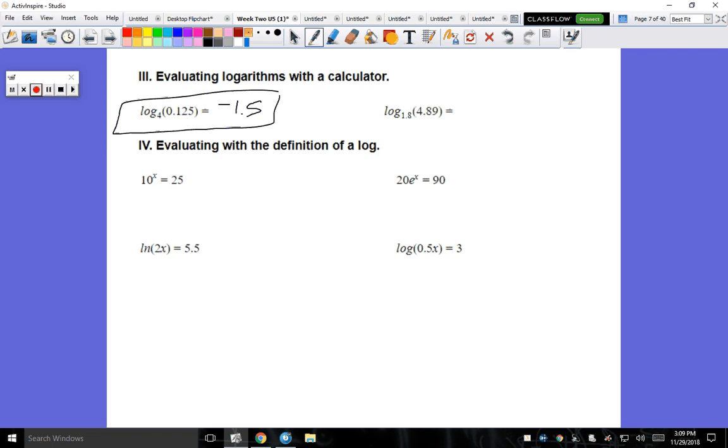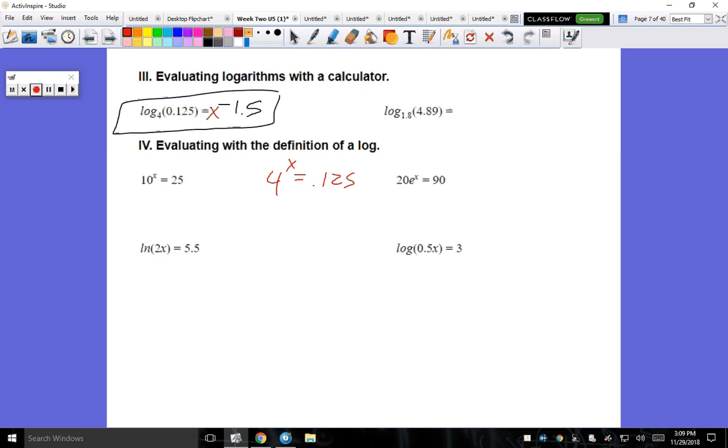You with me? Alright. For bonus points, if I did this by hand without the calculator, what would be the approach? What do I do? Set it equal to x, and I have 4 to the power of x is equal to 0.125, right? Now what?